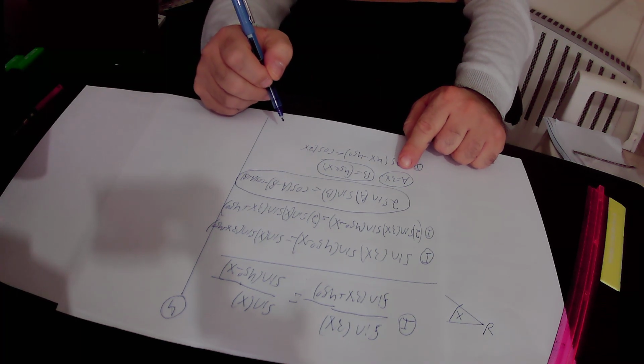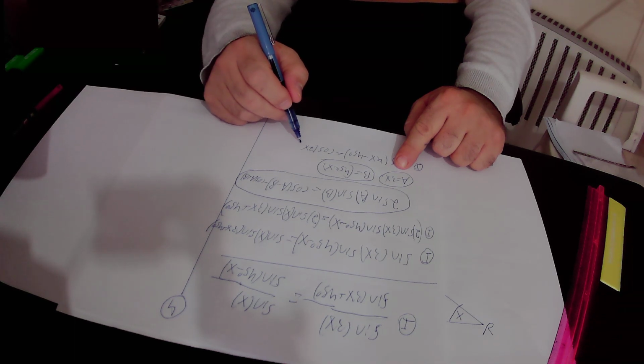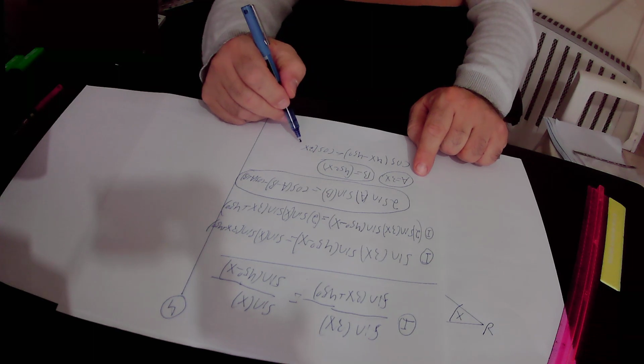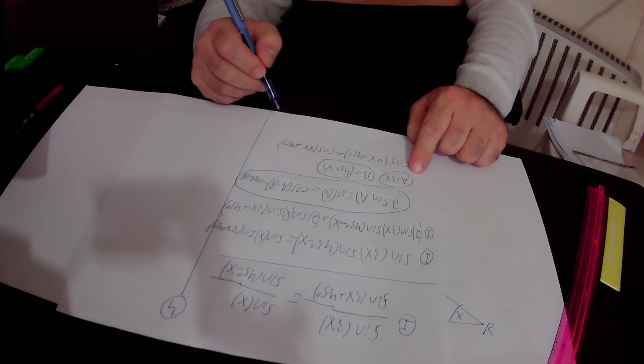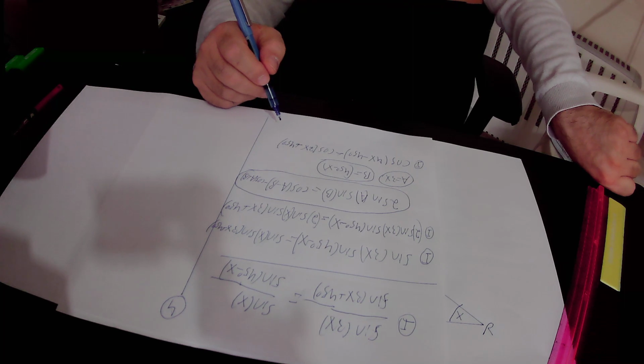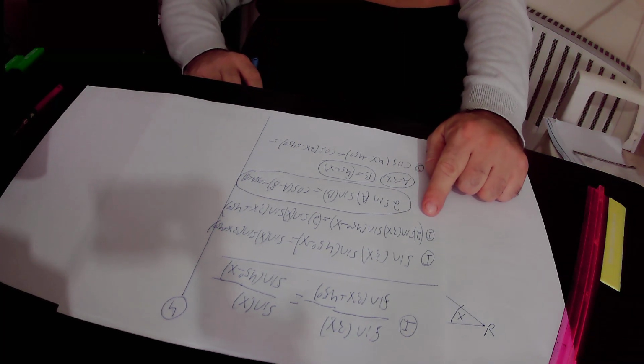And 0 plus 45 degrees is equal to 45 degrees. Okay? So we finished with this side of equation number 1.